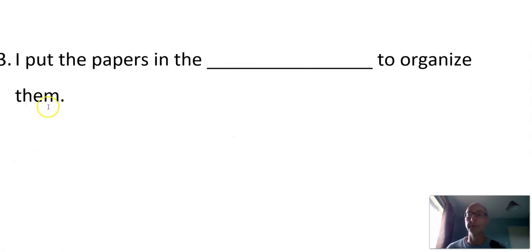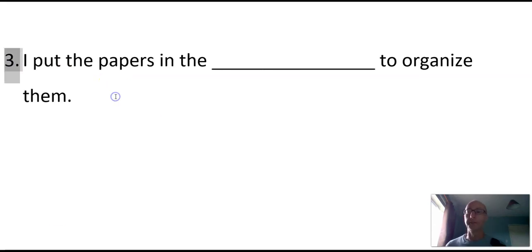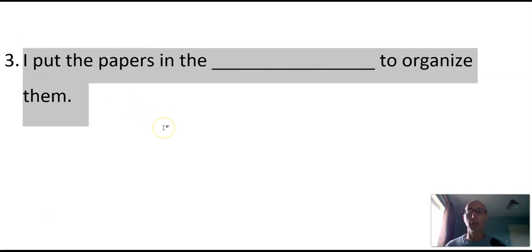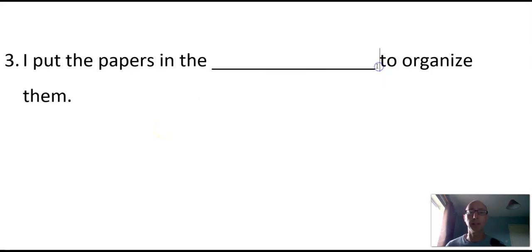Number three. I put the papers in the something to organize them. So which word do we use here? Silent E at the end and an I somewhere. Which word is it? Number four.